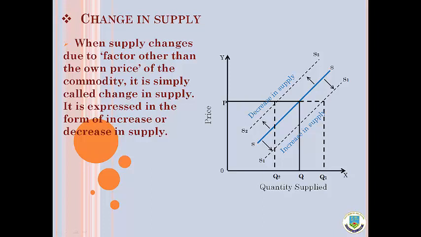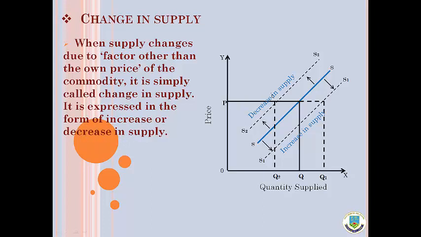Likewise, when supply of a commodity falls as a result of change in factors other than the price, it is called decrease in supply.